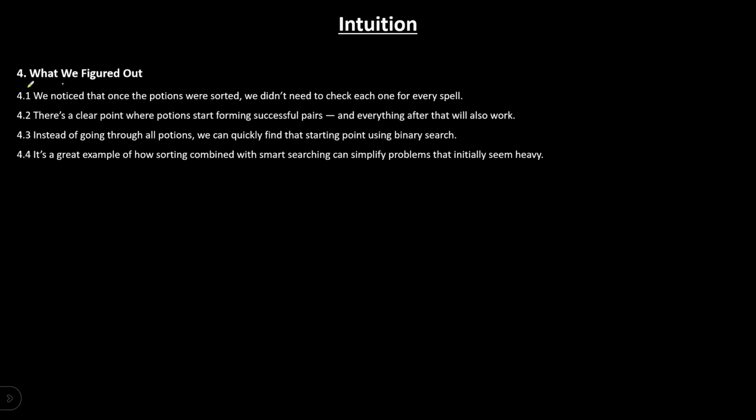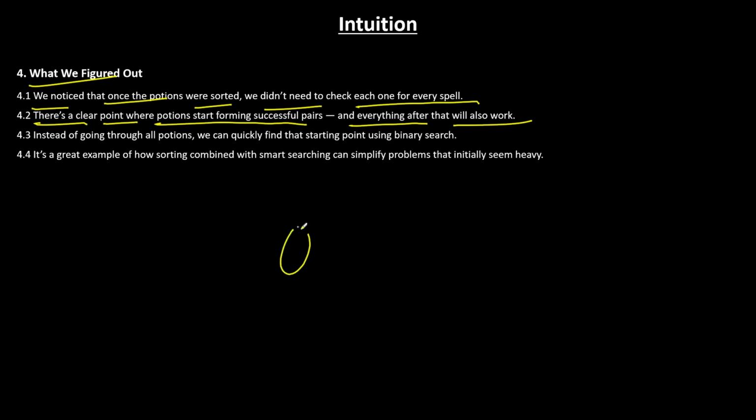Now, what we figured out from the problem, we noticed that once the portions were sorted, we didn't need to check each one for every spell. There's a clear point where portions start forming successful pairs, and everything after that will also work. Suppose this portion value multiplied by the spell is greater than the success, that means everything after this will result in success.